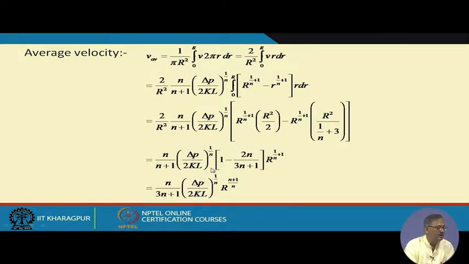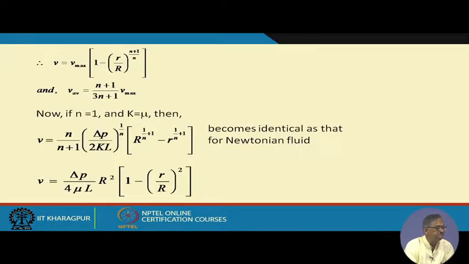So, this is the average velocity, right, and we also have seen V is V max into 1 minus (r by R) to the power n plus 1 by n. V max was n by n plus 1 into (delta p by 2 k L) to the power 1 by n, R to the power n plus 1 by n, right.